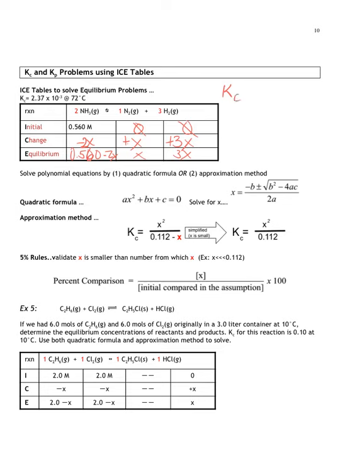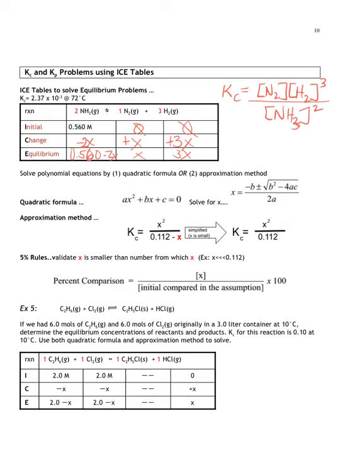I'm going to do the Kc expression. And I always do the expression so that I remind myself that for hydrogen, I'm going to have to cube that. For ammonia, I have to square that equilibrium concentration.